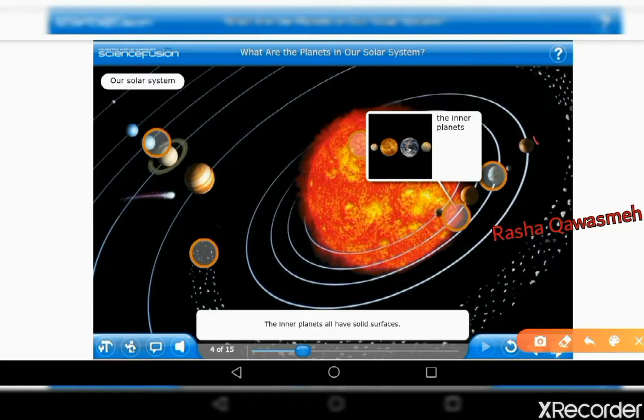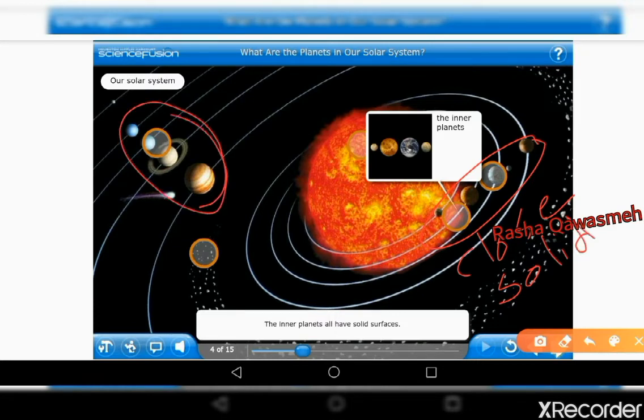So the inner planets are close to the sun and they have solid surfaces. While the outer planets, they are far away from the sun and they are made of gases.